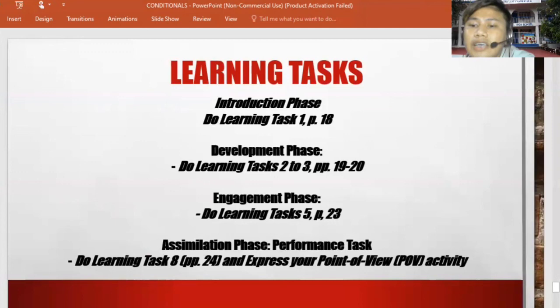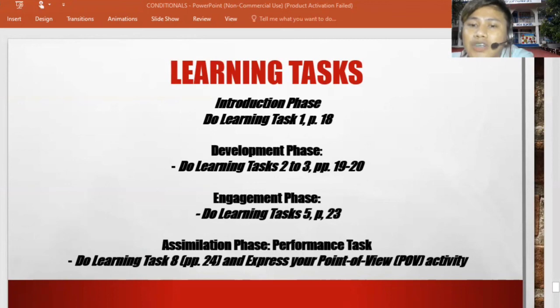On the engagement phase, you're going to answer learning task number 5 on page 23. It's actually a dialogue that uses conditional sentences. There is already a pattern.